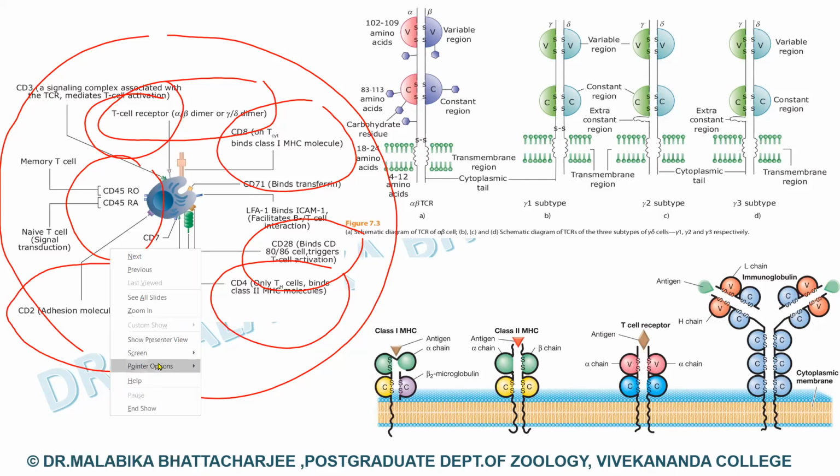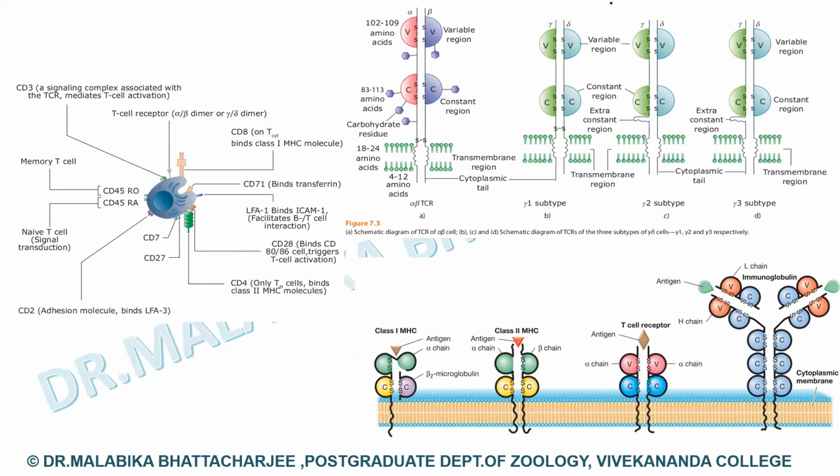So these are the various receptors on the surface of the T cell, but we'll restrict ourselves to the T cell receptor and the associated CD3 molecule. So as I was saying, this is the T cell receptor and this is the CD3 molecule.